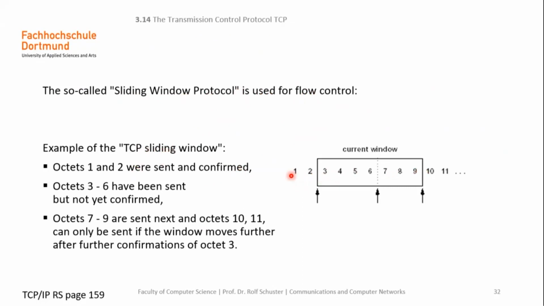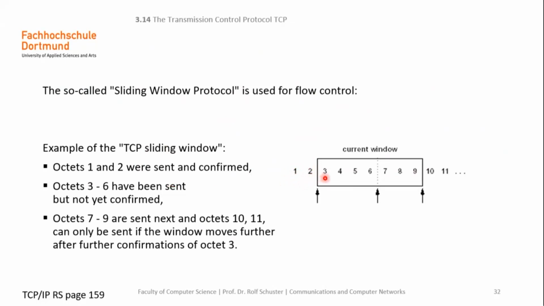And for simplicity, if we already transmitted the octets 1 and 2, and we receive the confirmation with the acknowledgement, we already consider that those are the octets that are already in the receiver, the destination end system.